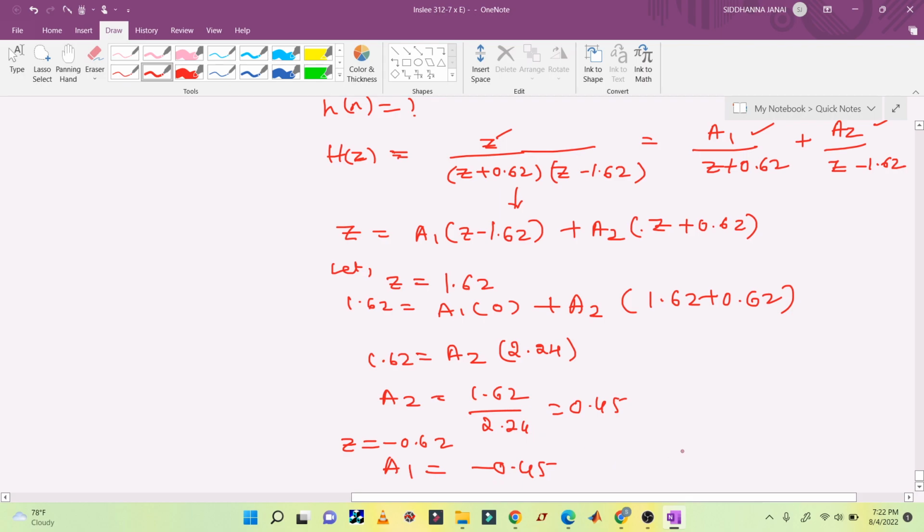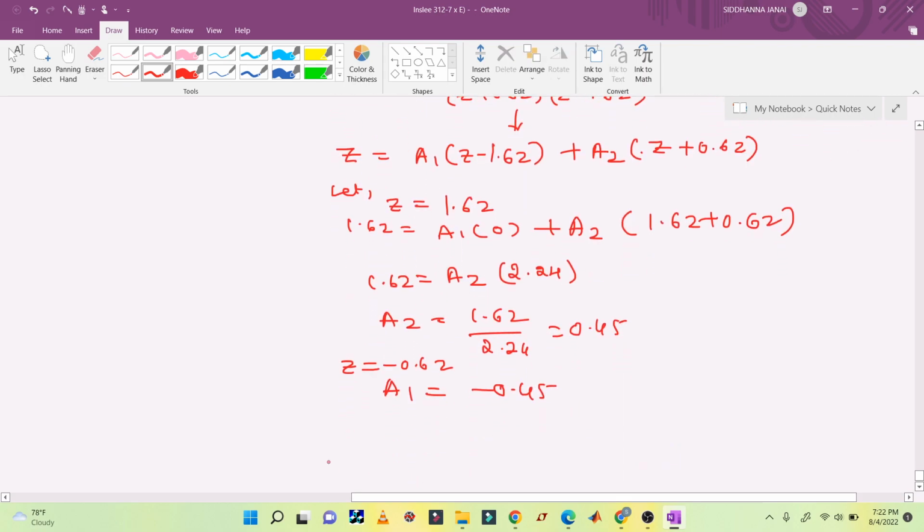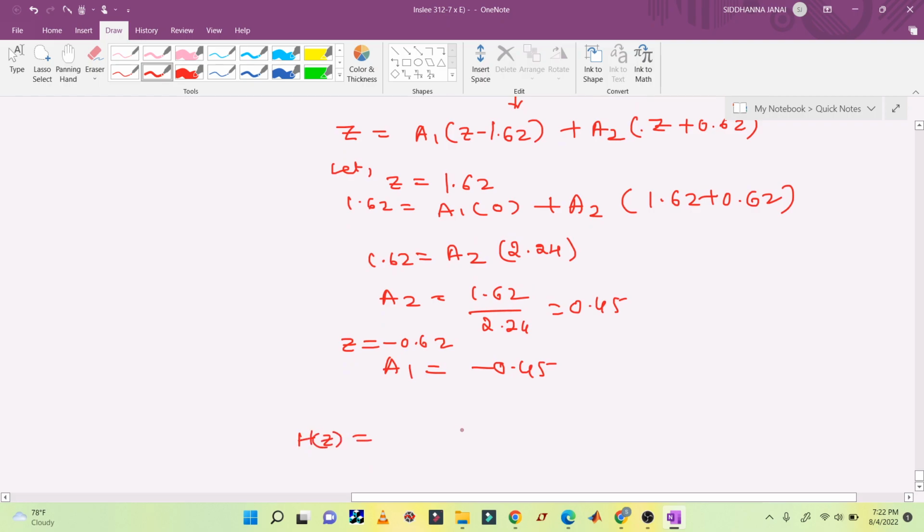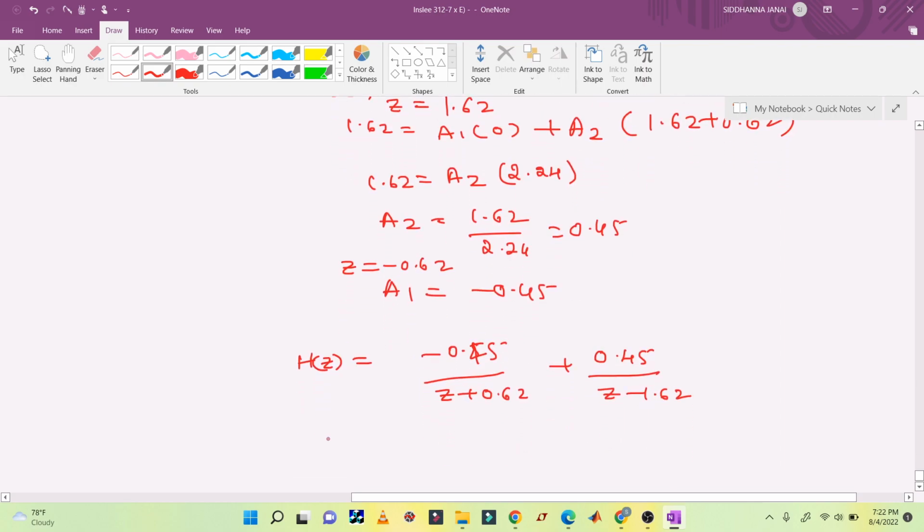Now you can rewrite the H of Z. H of Z is equal to minus 0.45 divided by Z plus 0.62 plus 0.45 divided by Z minus 1.62. So now directly from the Z transform pairs table we can apply inverse Z transform.